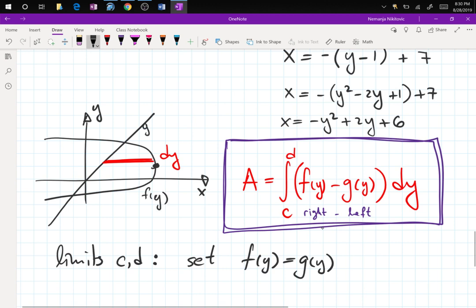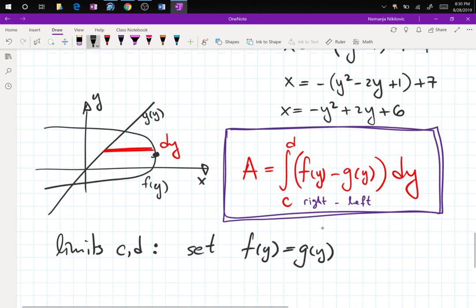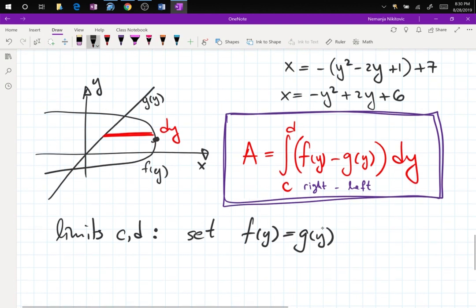G of y is the one that is closer in. So f of y we already got. That's negative y squared plus 2y plus 6. The other side, g of y, is just y. Because this side is y equals x. So if you're going to write it x equals y or y equals x, right, you pick whichever one you need.